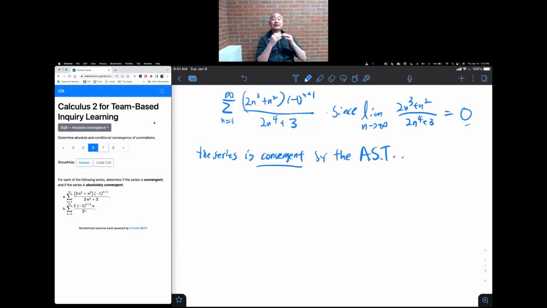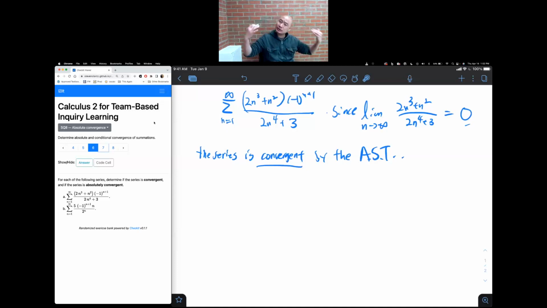All right, so the second part of this is to determine if the series is absolutely convergent, which means we take the absolute value of the expressions and see if that converges. If I take the absolute value, I'm essentially just getting rid of this minus 1 power business. I'm looking at a cubic over quartic.